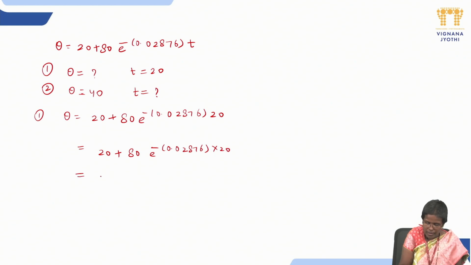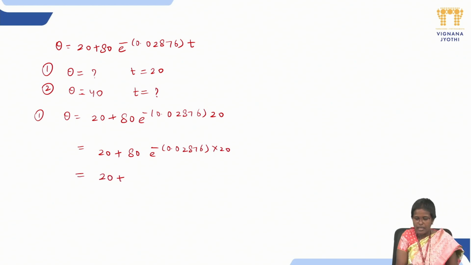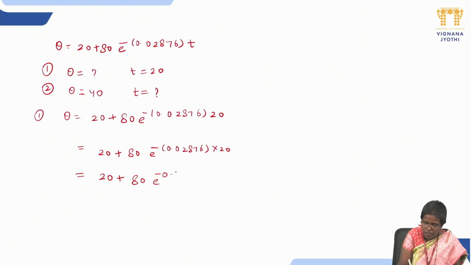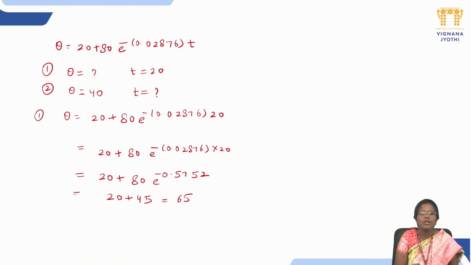Already they have given in the problem the value of e power of minus 0.5752, so after substituting this value, I am going to get 80 into that, which is 15. Now 20 plus 15 is the temperature. So after 20 minutes, the temperature is 35 degrees centigrade.